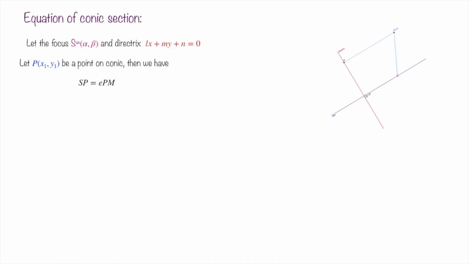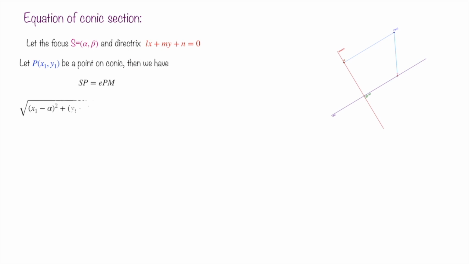SP is the distance from the focus S(alpha, beta) to the point (x1, y1), and PM is the perpendicular distance from (x1, y1) to the directrix Lx plus My plus N equal 0.